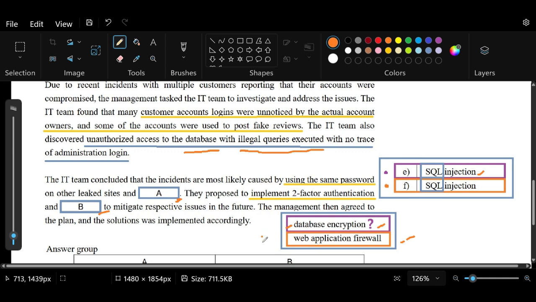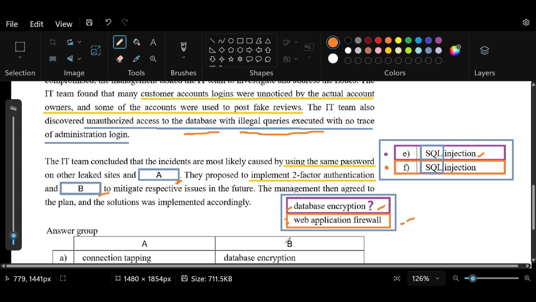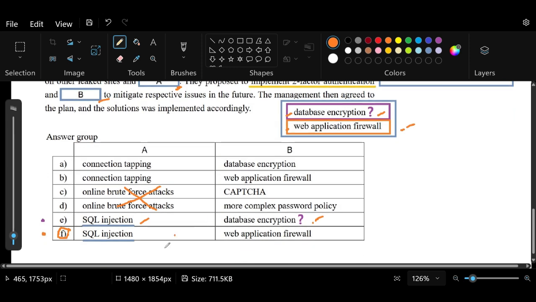But according to the answers list, looks like really the best answer would be web application firewall. It could be an additional firewall to solve the problem, but I guess there are cases when we can think about the possibility of having a web application firewall as an additional security feature of the system, and I guess that would be the reason why it's the correct answer in this case.